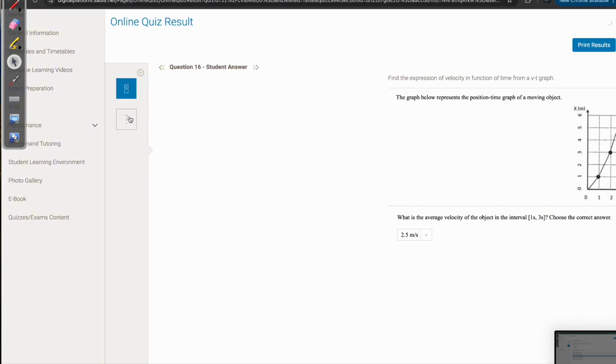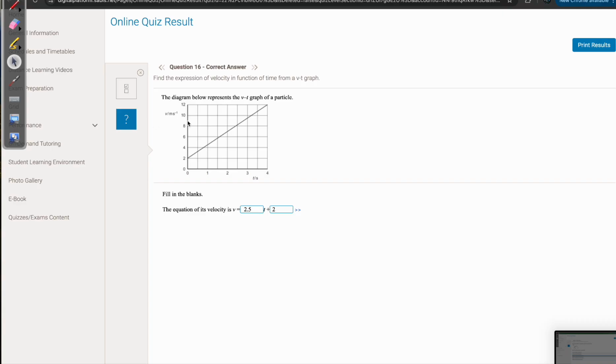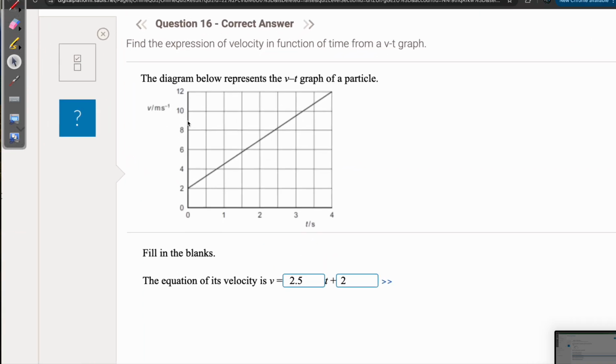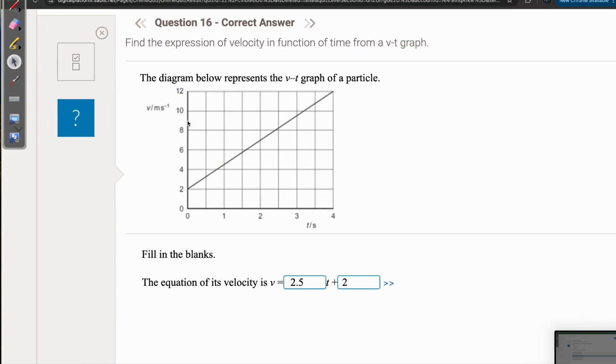Number 16. The diagram below represents the VT graph of a particle. Now look, the VT graph, okay, the acceleration is equal to the slope equation plus V initial.